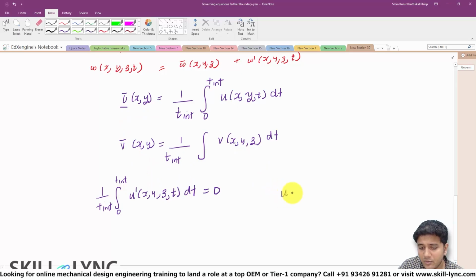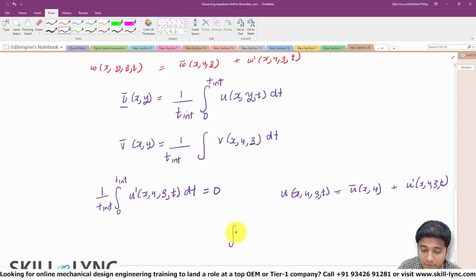So if I take my original decomposition, u of x, y, z, t is equal to u of x, y, which is u bar, plus u prime of x, y, z, and t, right? So this is Reynolds decomposition, and say that I'm time averaging this.